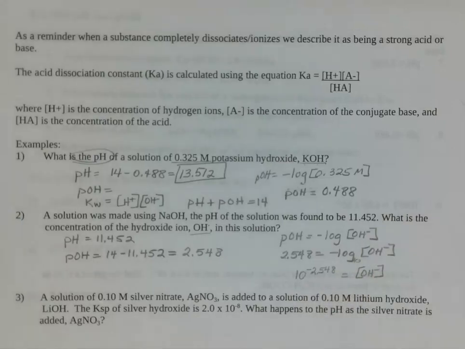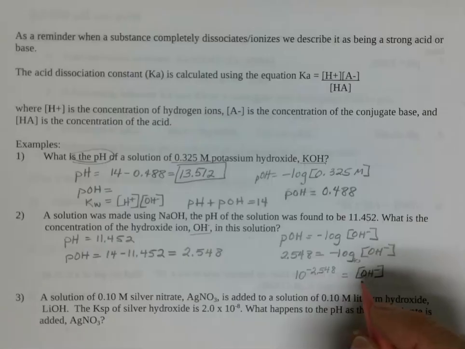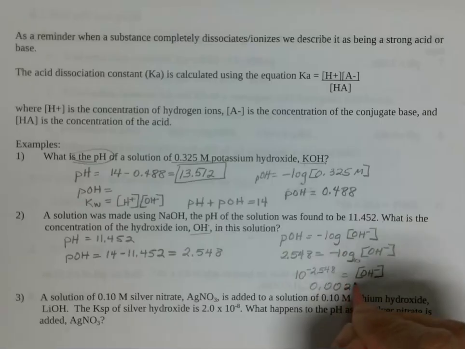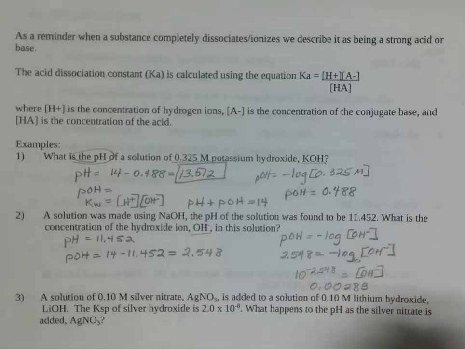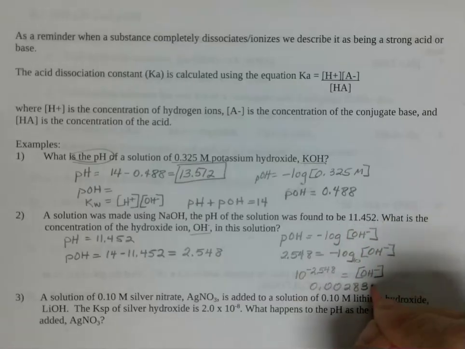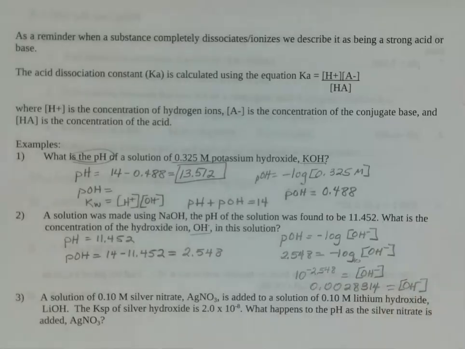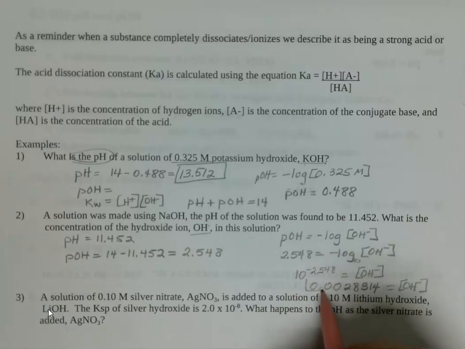So I'm just going to put that into my calculator, and I get 0.00283. Now, technically I've got quite a few digits there, so I could go on out. That would be 0.00283 M as my hydroxide ion concentration. So that would be my final answer.